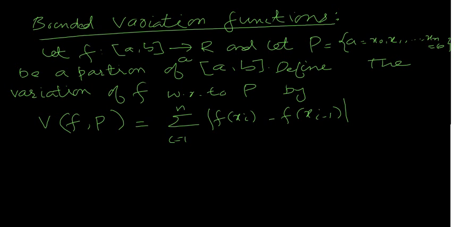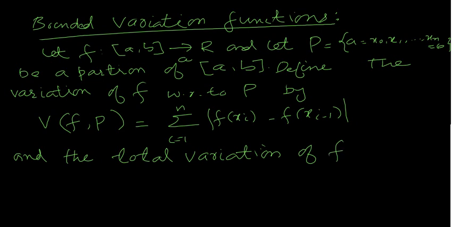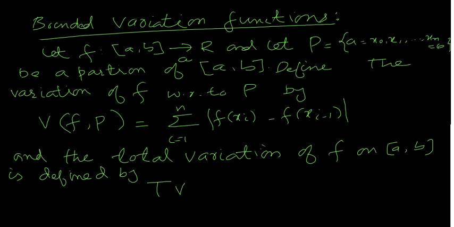Now next we define the total variation. The total variation of f over [a, b], obviously because it's a function from the closed interval [a, b] to R, is defined by the notation TV(f).